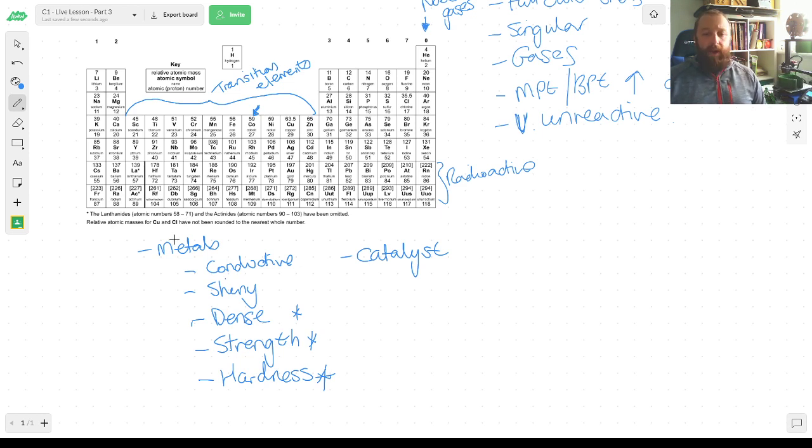Now, if we look at these ones here, so hafnium, and these elements aren't radioactive in most cases. The lanthanides are radioactive, most of them, not all of them, and the actinides, they're also radioactive, but we don't put them in because it sort of skews the periodic table.